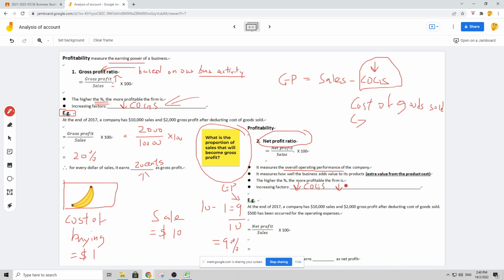If your operating expenses, I know using the mouse to write is difficult, but there you go. If you are able to reduce your operating expenses, net profit would definitely go up. So here, the key thing to give you an idea is that you're trying to do something so that your net profit will go up.